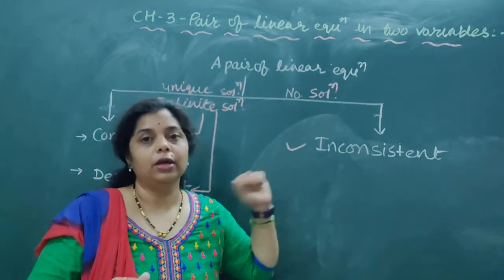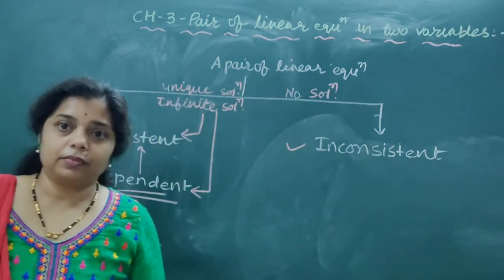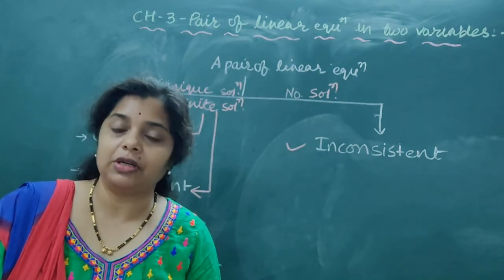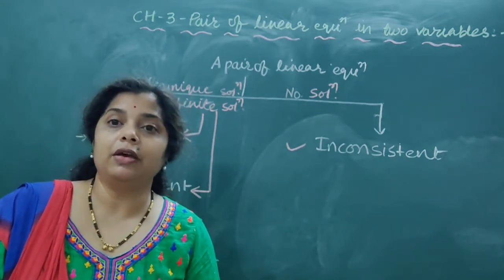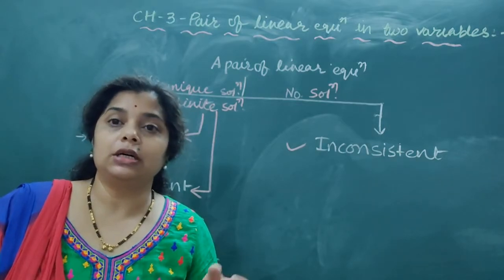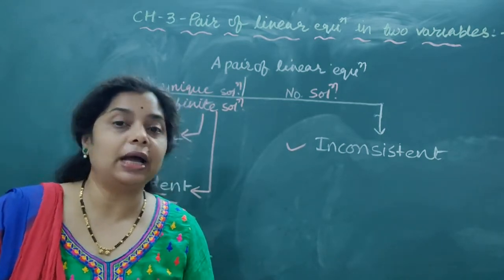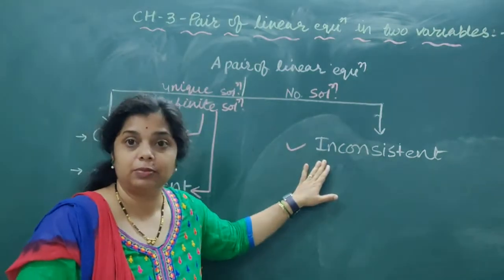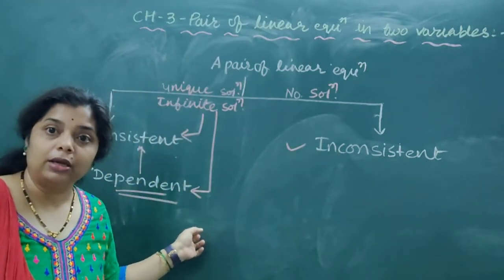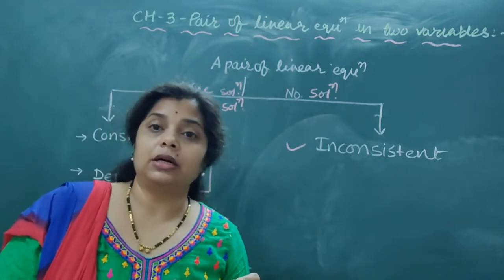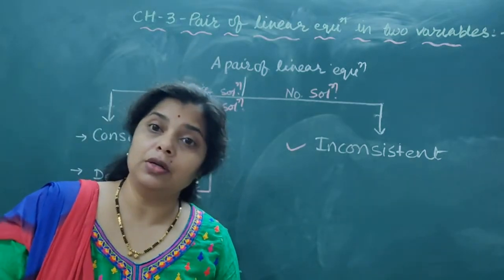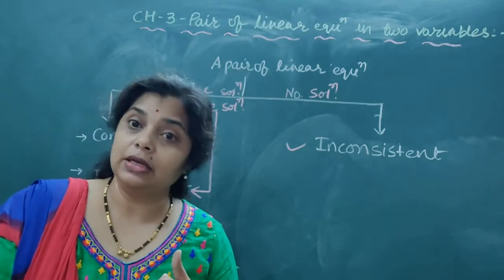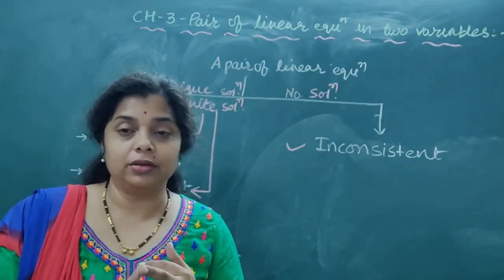Is it clear? Okay. Now let's see the graphical representation. We have already seen the graphical representation, but we have not seen the fundamentals behind how we get a consistent pair, inconsistent pair, dependent pair. By just seeing the equations, can we say that the given pair of equations is consistent, inconsistent or dependent?